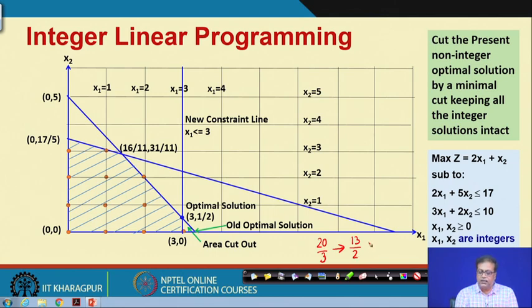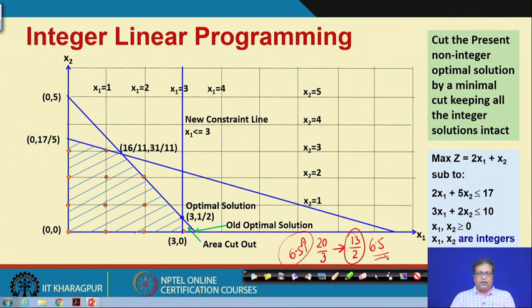So, this value is exactly 6.5 and that value is more than 6.5, right. From a value which is above 6.5, our new objective function value has fallen to 6.5.